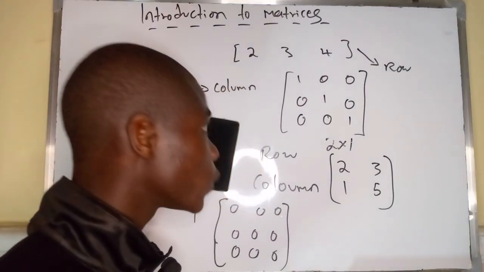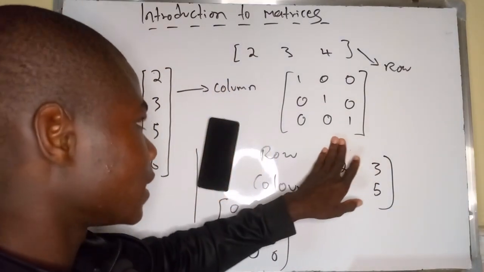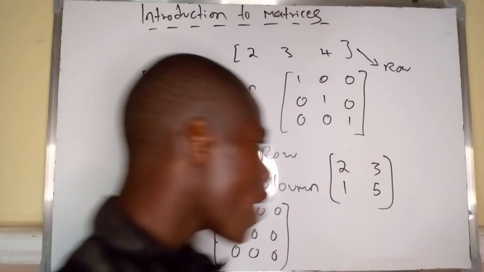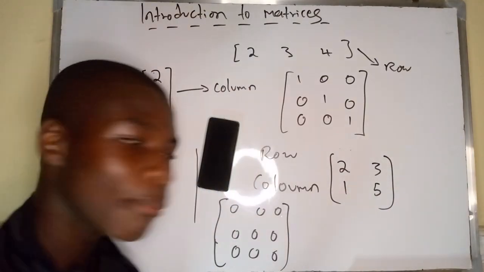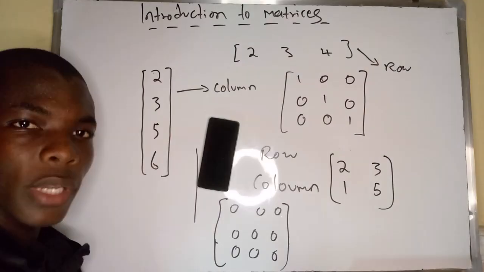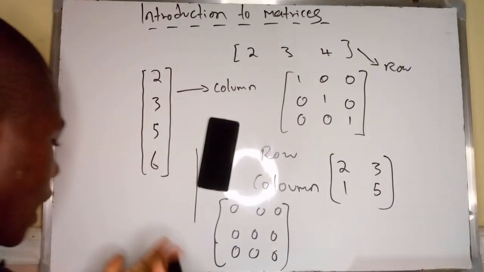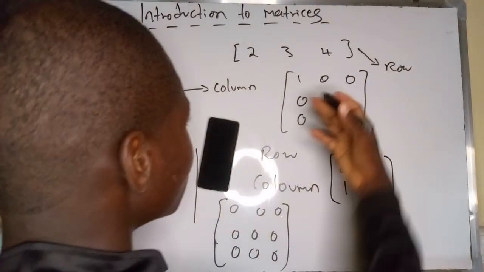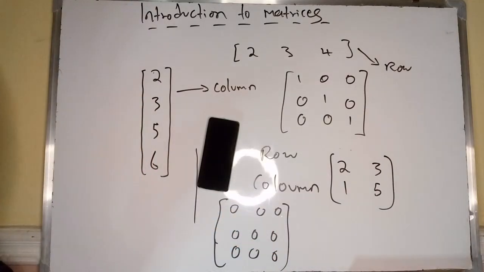This is what we call an identity matrix. We have square matrix, zero matrix, identity matrix, 3 by 3 matrix, 4 by 2 matrix, and the rest.